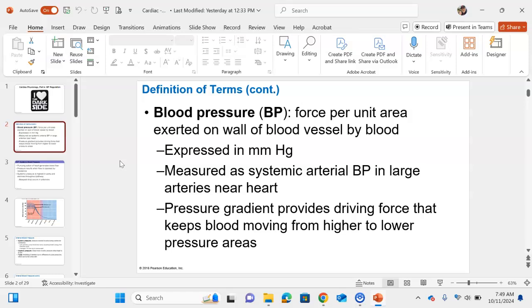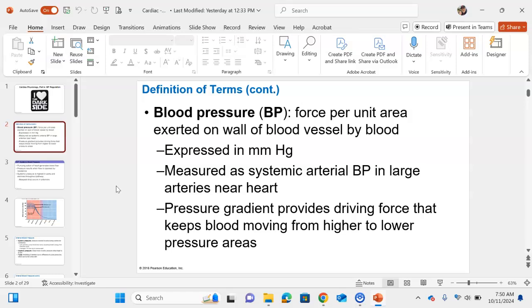So pressure in general is just the force exerted against the walls of a container by a substance. And so blood pressure, when we define it, is the force that the blood is pushing against the walls of a blood vessel with. And we typically express it in millimeters of mercury. And whenever you go to the doctor's office and they take your blood pressure, we're indirectly measuring the actual pressure of the blood against the walls of the aorta as the blood from the left ventricle is forced into it.